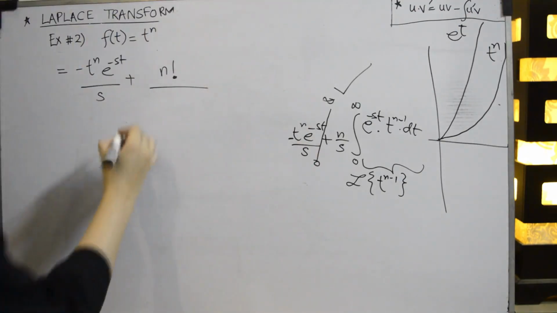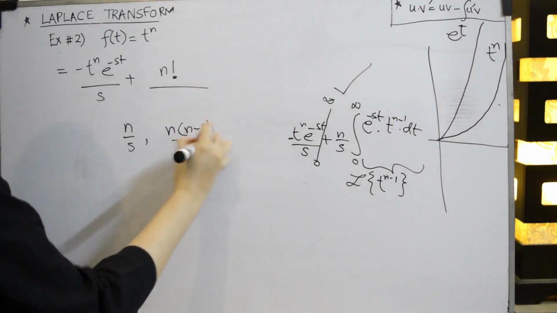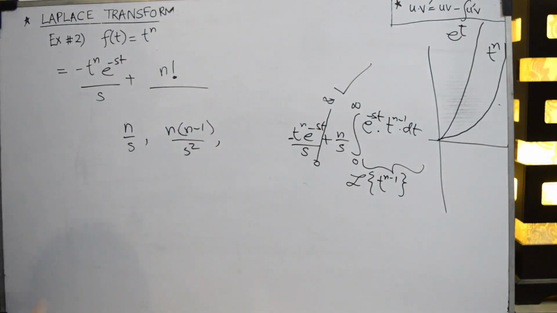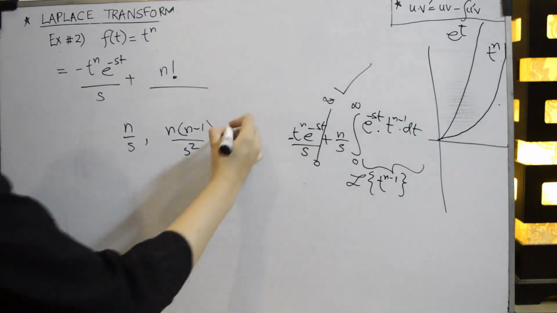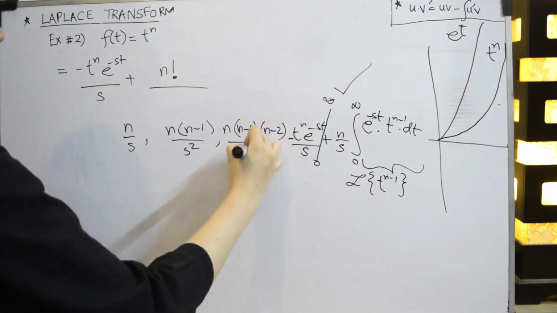So the first term is n by s, the second term is n into n minus 1 by s square, and again by integration by parts the next term is n into n minus 1, n minus 2 by s cube.